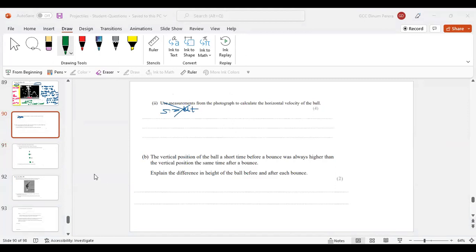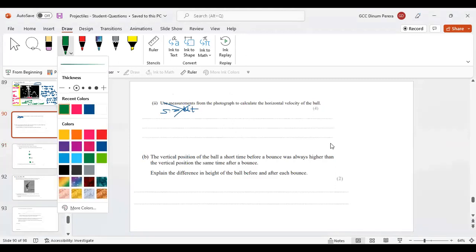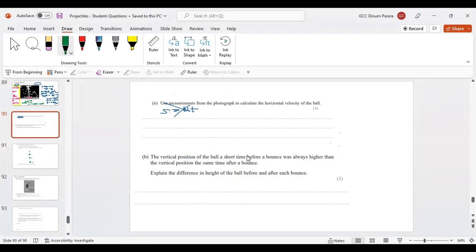Right, so the previous answer, I've been asked to repeat the previous answer. Okay. Write down: at the bounce, kinetic energy of the ball is converted to heat energy.